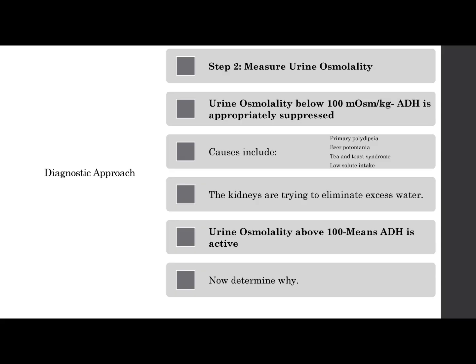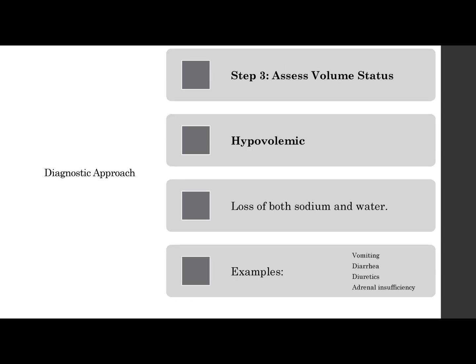Causes include primary polydipsia, tea and toast syndrome, and low solute intake. But when urine osmolality is above 100, it means ADH is active. So, now determine why.